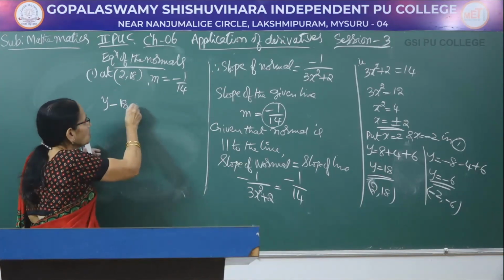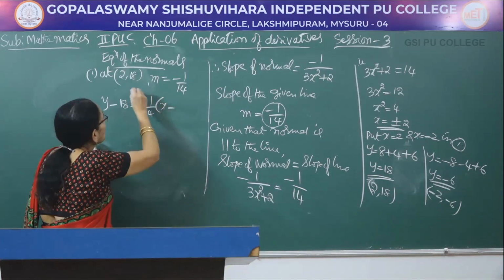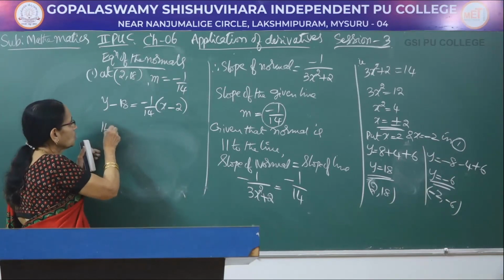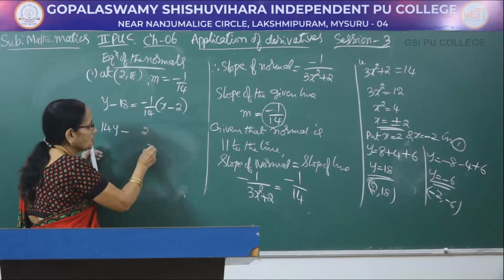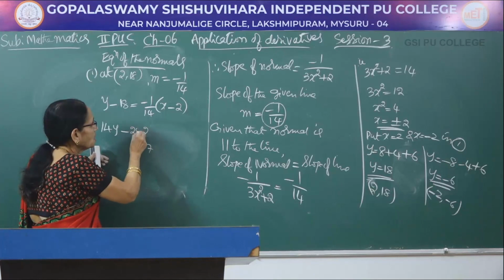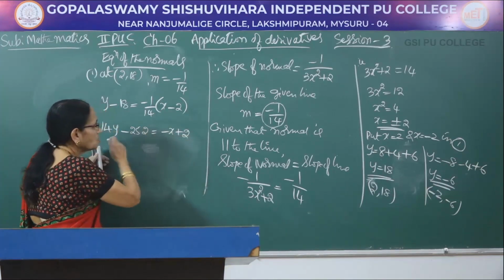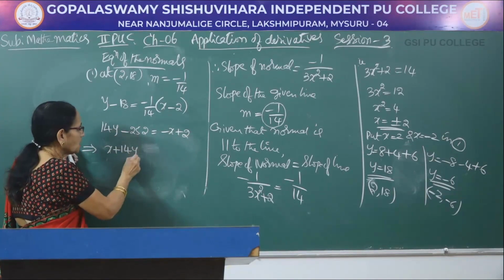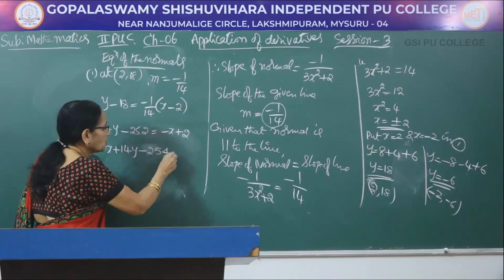Y minus y1 equal to minus 1 by 14 into x minus x1. Now cross multiply: 14y, 18 into 14, 18 4s are 72, 7 carried, 18 plus 7, it is 25. This is minus x plus 2. Take them to the left hand side, that implies x plus 14y, 252, this also becomes negative, minus 254 equal to 0.